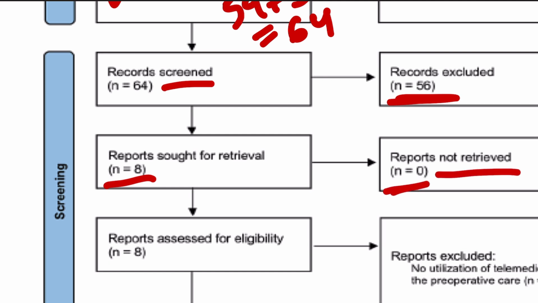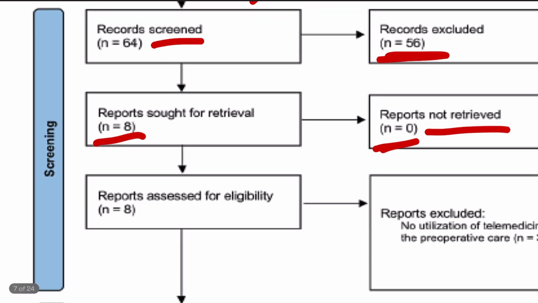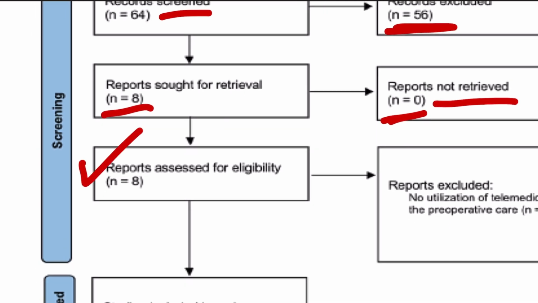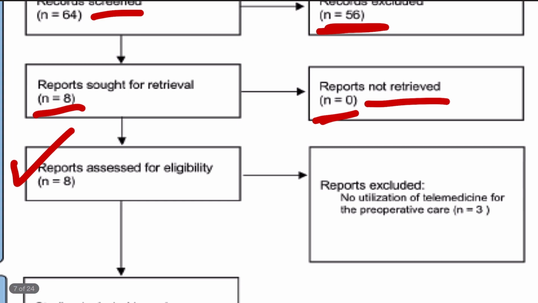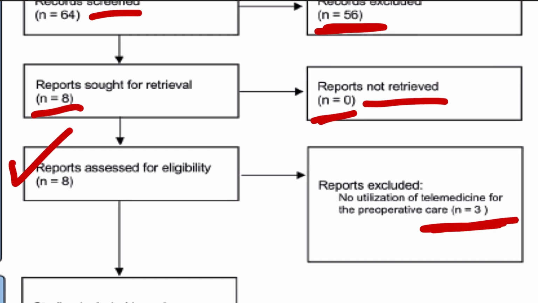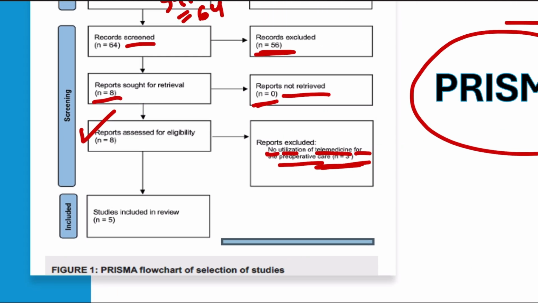So they found the details of all 8 studies, and these 8 studies were assessed for eligibility, and finally 3 studies were excluded, because in those studies there was no utilization of telemedicine for the preoperative care. So a total of 5 studies were finally included in this systematic review.